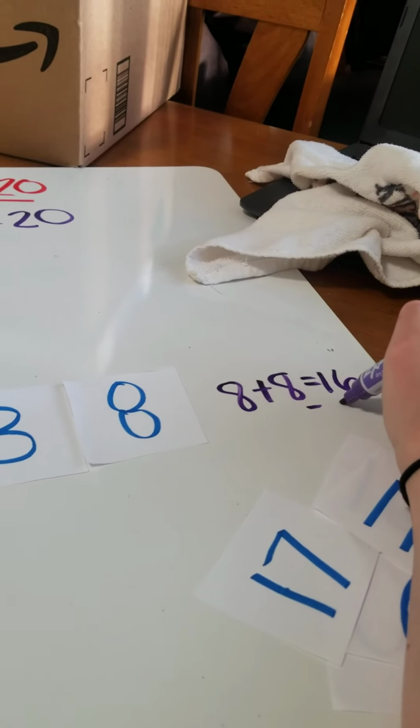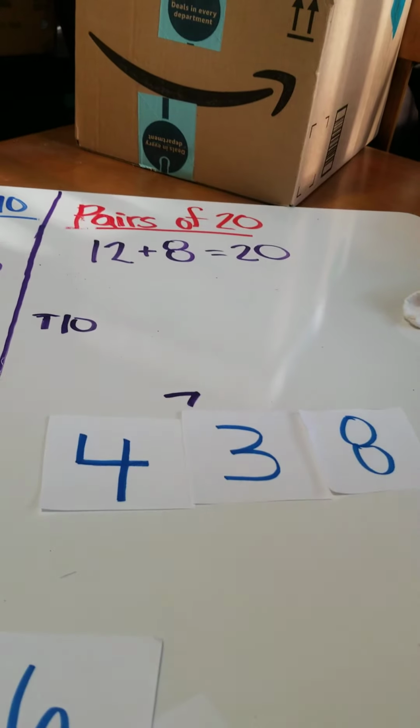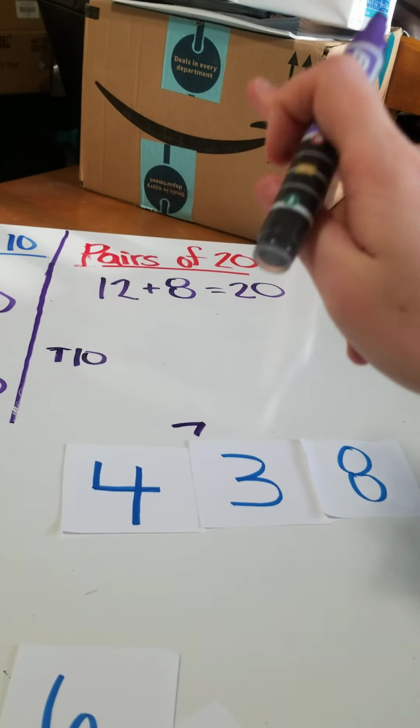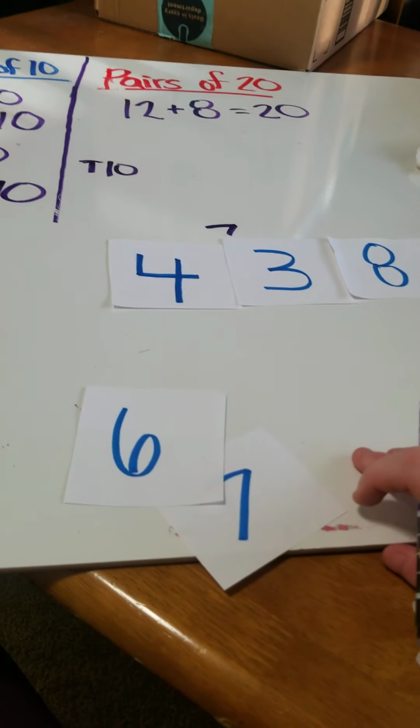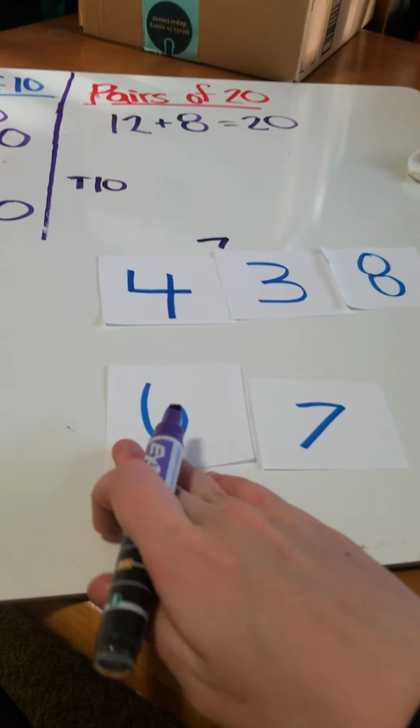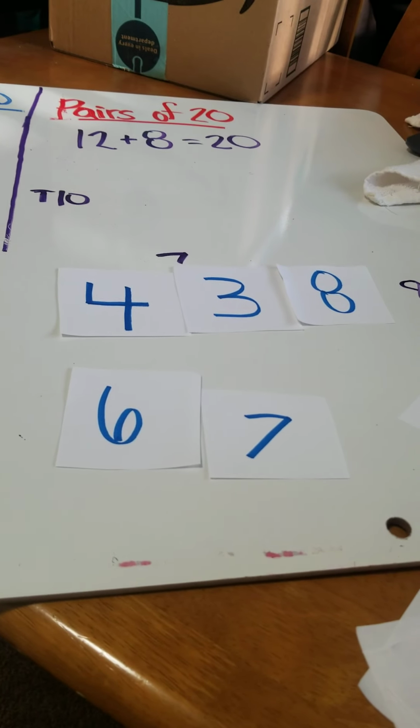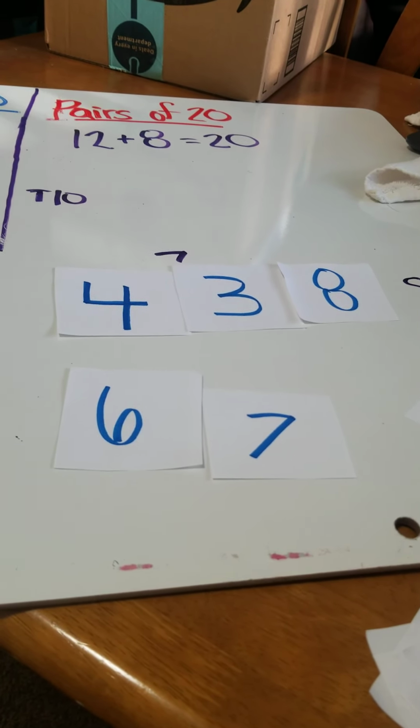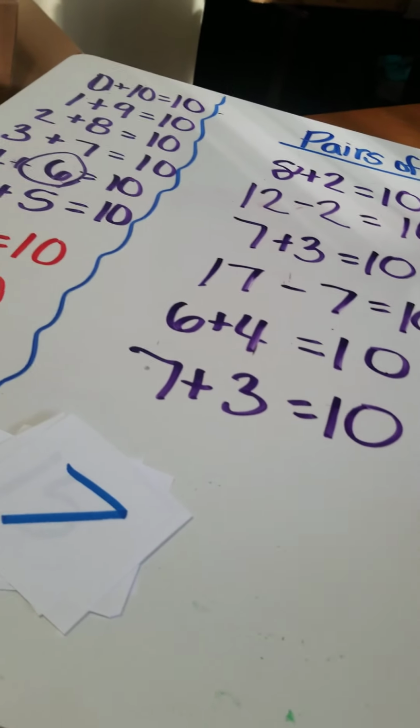So what's 1 less than 16? This will be 15, so that's not enough to be 20. I need 5 more to get to 20. Can I get to 20? Nope. It doesn't look like it. It looks like all of our pairs are made up.